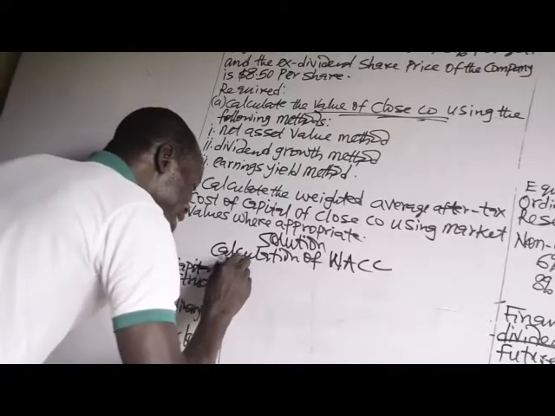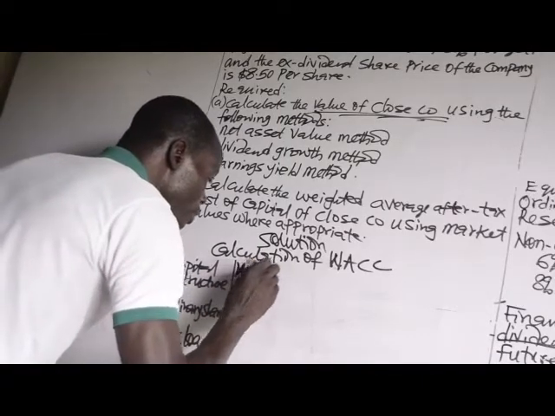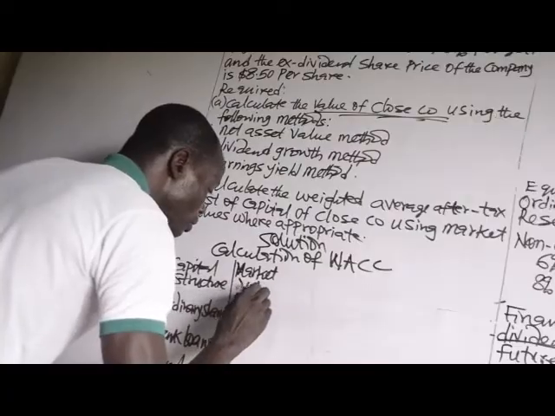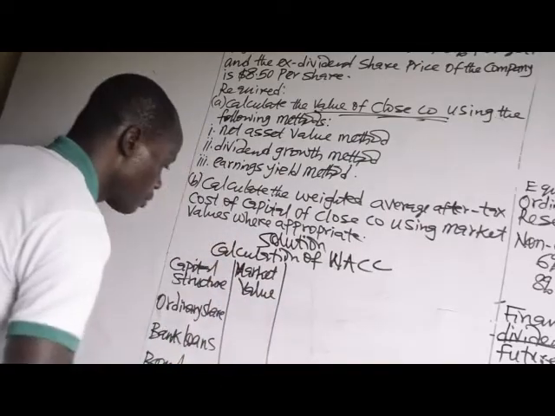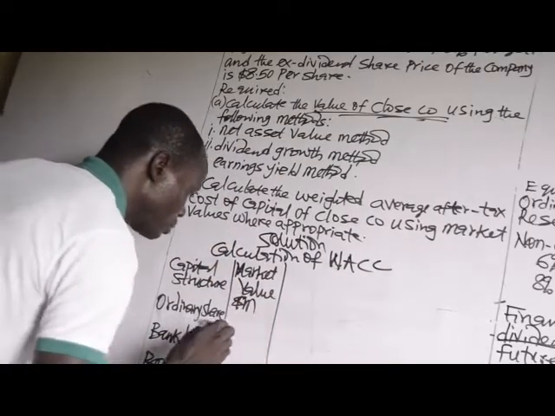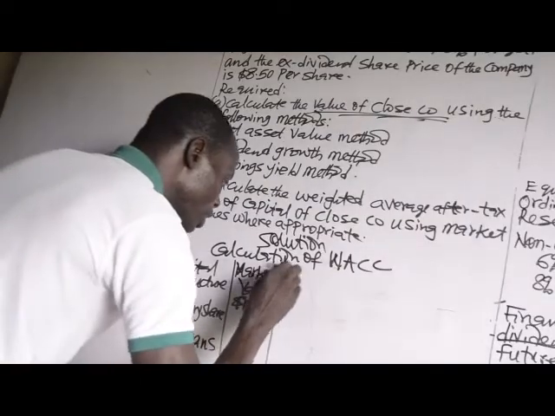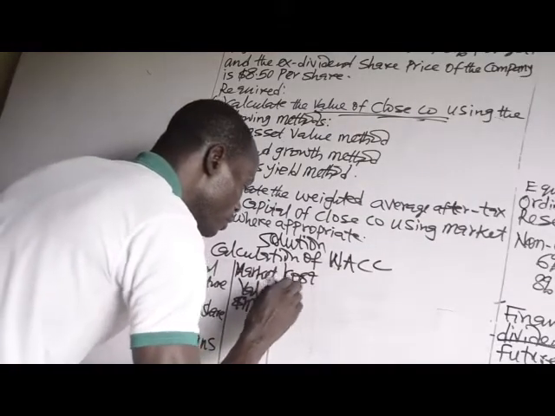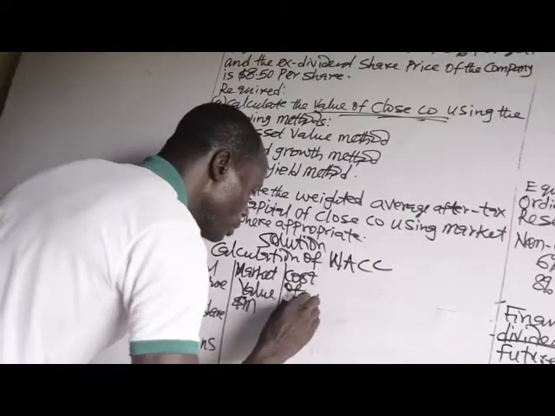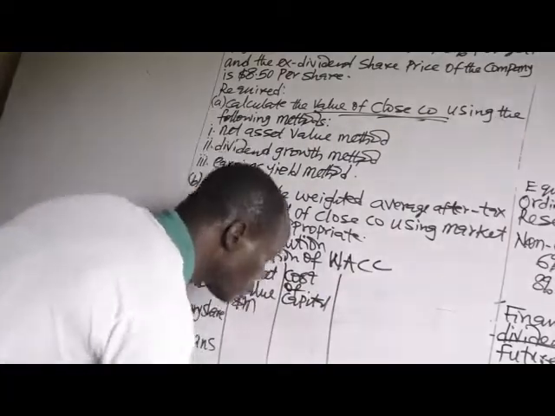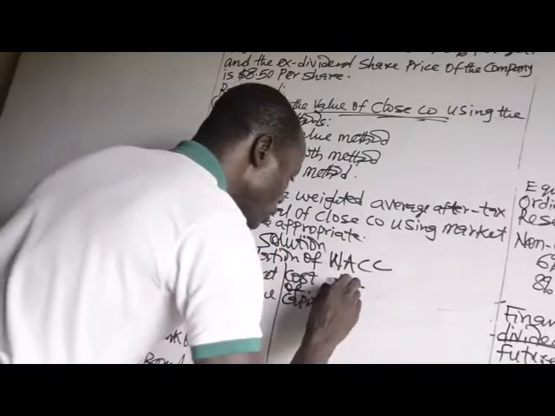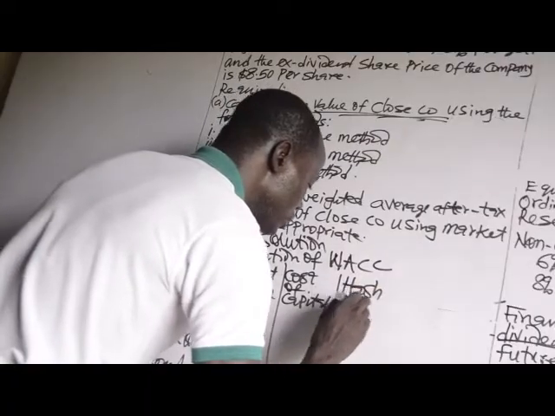What is their market value? Amount in million. There will also be cost of capital. Then we have the total.